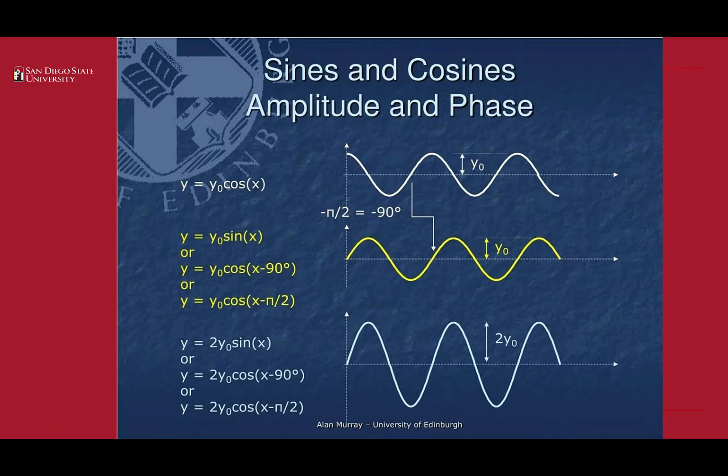Let's go a step forward, and instead of representing our waveform as y equals cosinus x, let's represent it as y equals y0 times cosinus x. Now, in this form, we have another parameter for the amplitude, which is y0. It doesn't have to be called y0, it could also be a for amplitude, but this is a common usage.